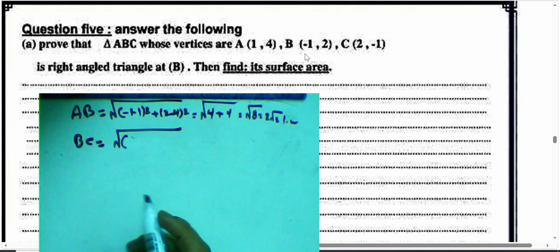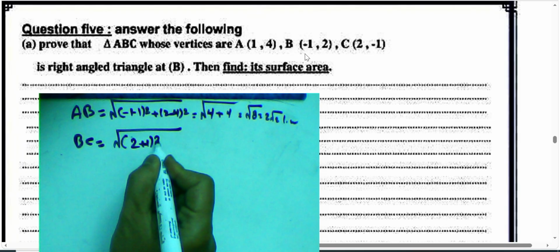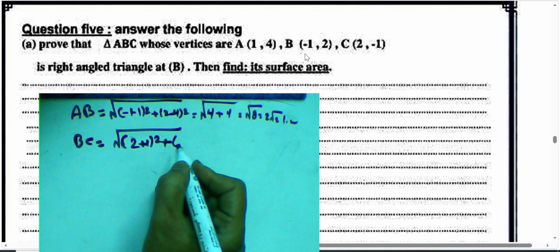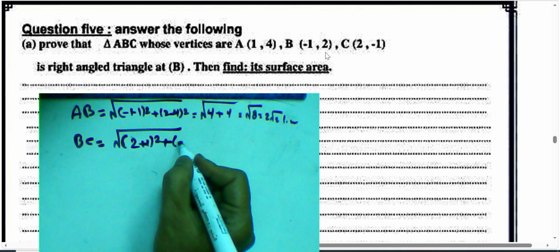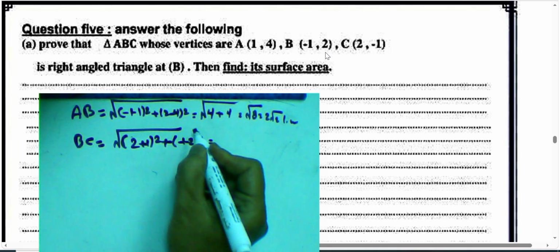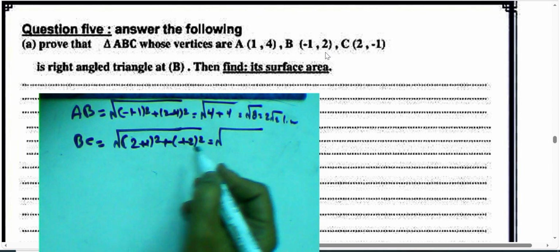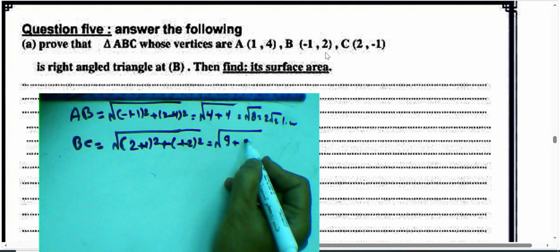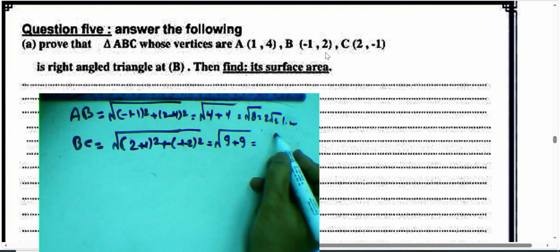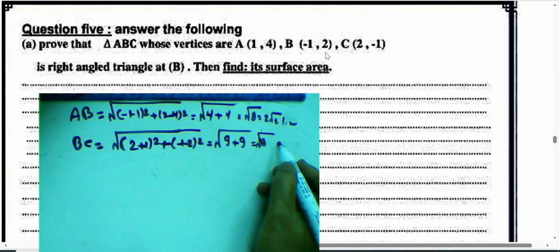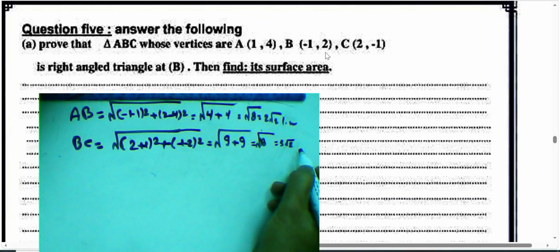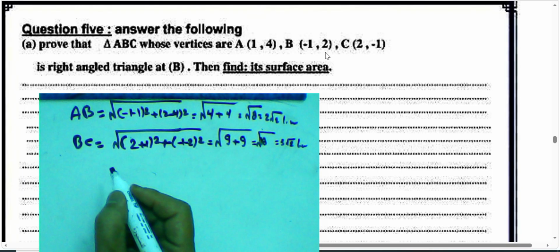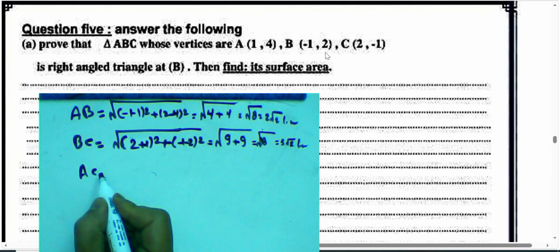But here, 2 minus negative 1, 2 plus 1, power 2, plus negative 1 minus 2, whole power 2. We have the square root of 3 power 2, which is 9, plus negative 3 power 2, which is 9. The result will be square root of 18, equal to 3 root 2 length units. And what about AC?